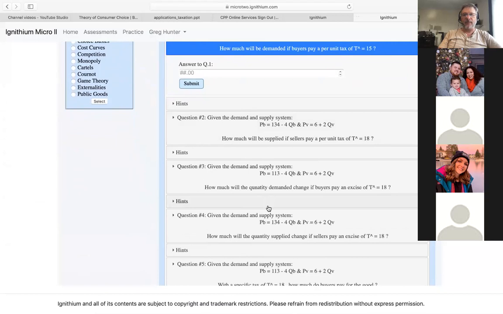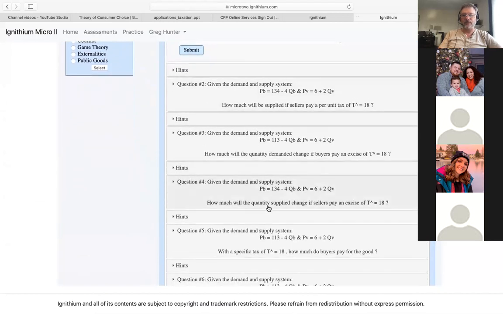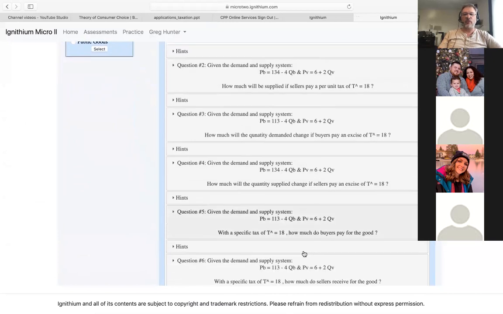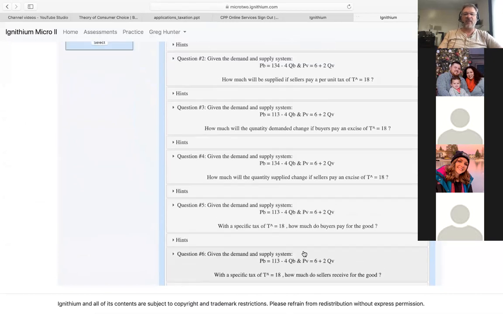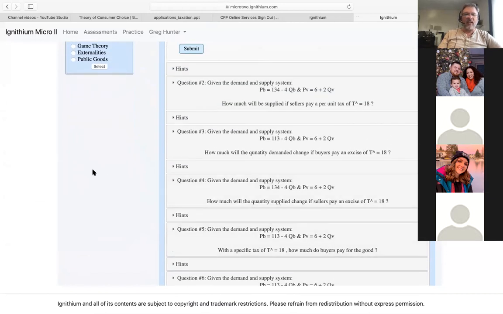And so I'll point out, these remaining questions have to do with calculating the buyer's after-tax price and the seller's after-tax price.